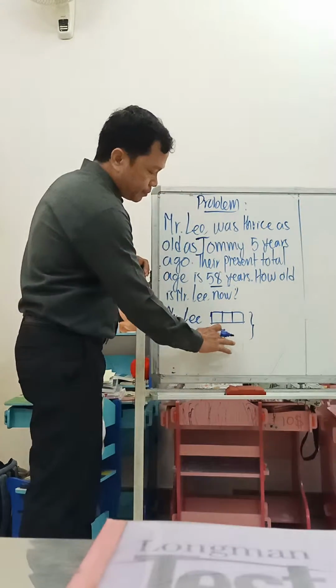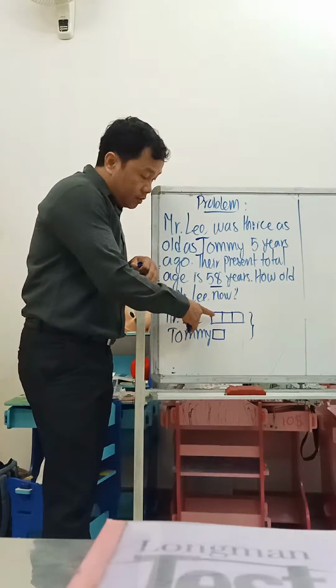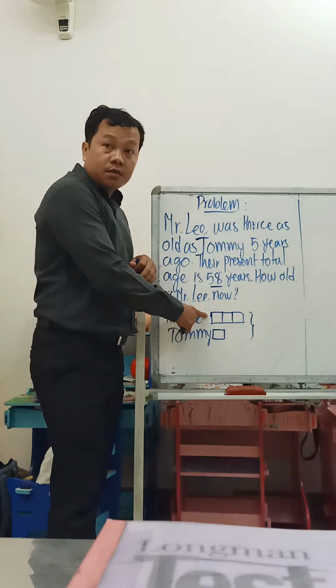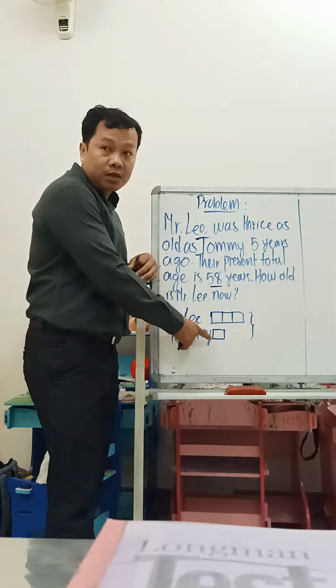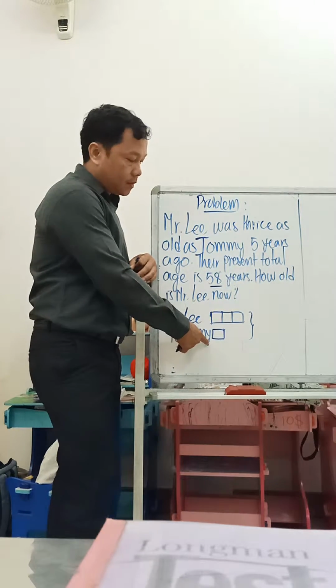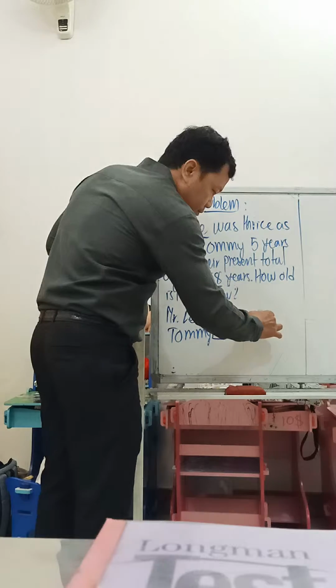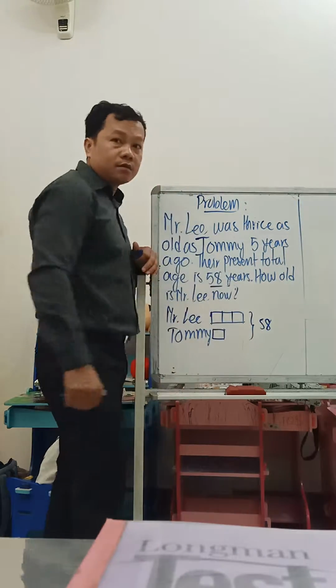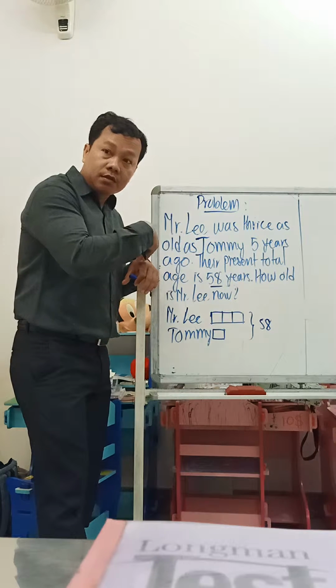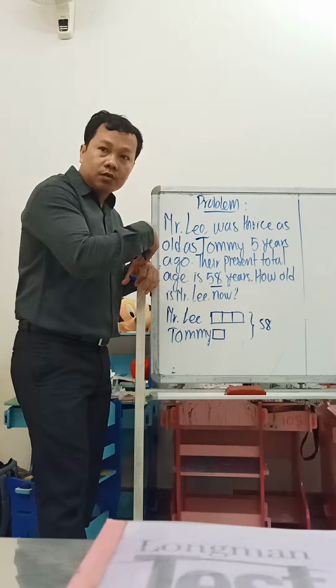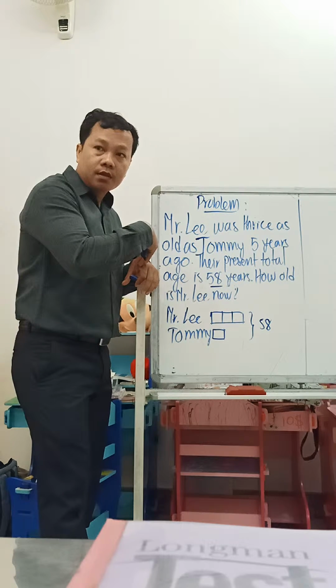Okay. 5 years ago, Mr. Lee's age is 3 times as old as Tommy. Got it? But both of them now total 58. So 5 years ago, how old were they?